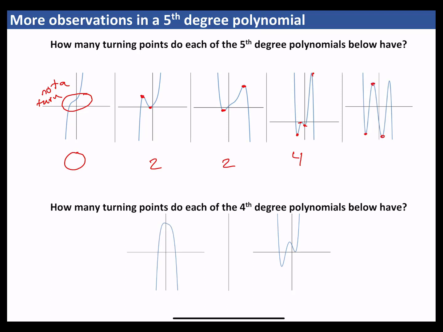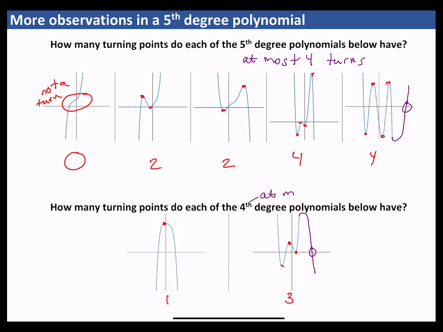The fourth degree polynomials have 1 turning point or 3 turning points. If we added one more turning point to these last graphs, we would create an additional x-intercept, which in turn would increase the degree of the polynomial. Thus, we can conclude that the fifth degree polynomials have at most 4 turning points, and the fourth degree polynomials have at most 3 turning points.